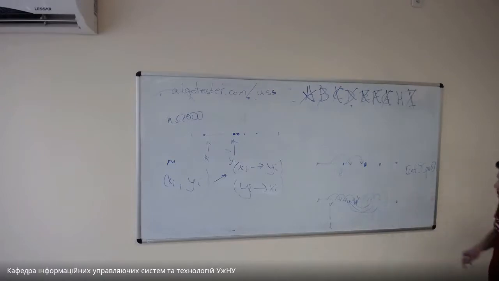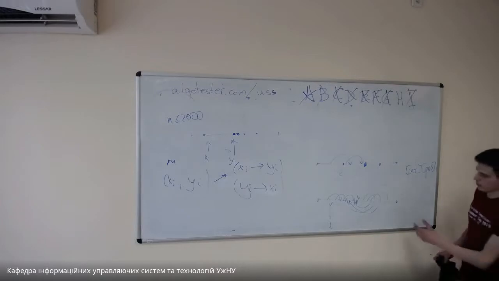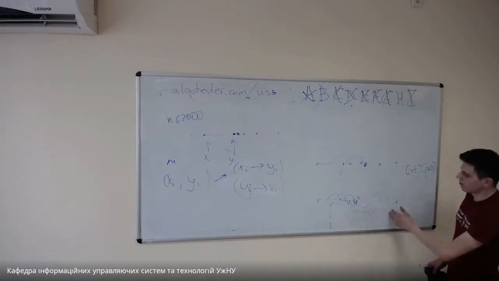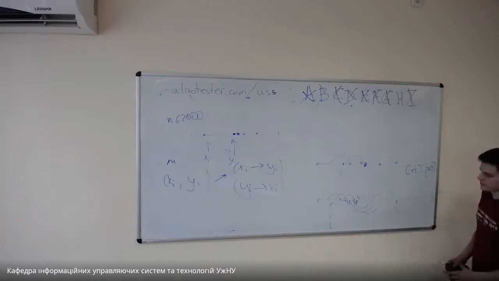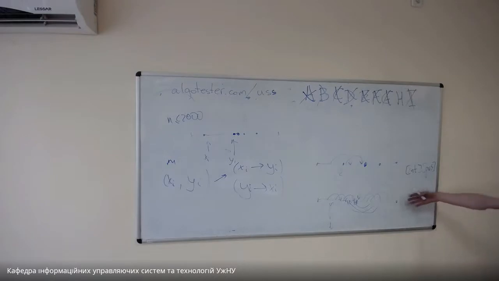So all of those ranges. What we can do here is exactly the same dynamic programming as we did here, but just sorting all the ranges by the left side, from right to left.